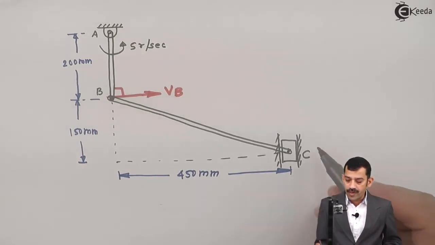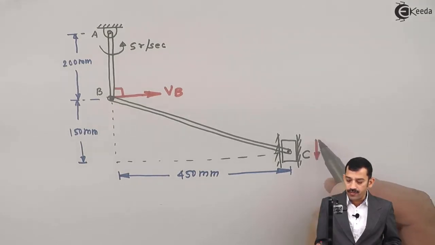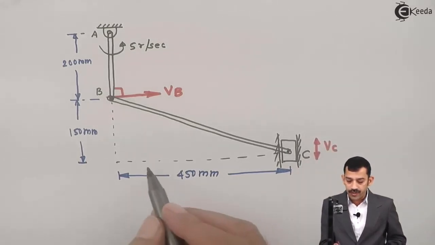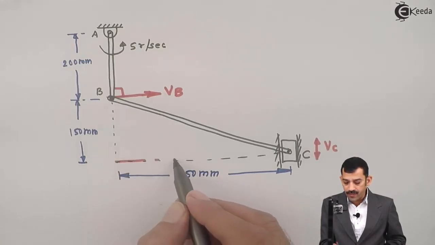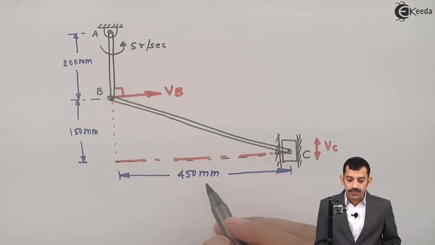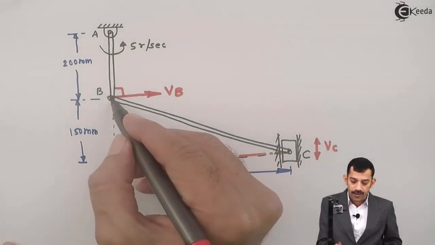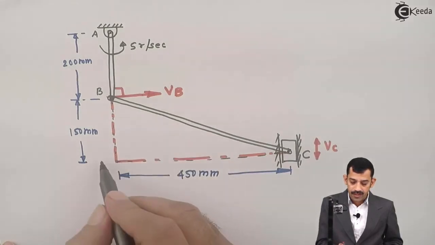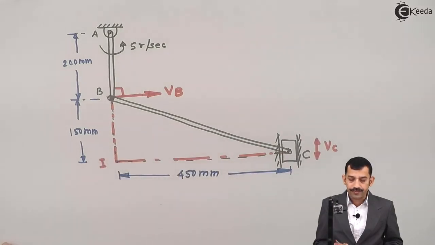I will draw a perpendicular to VC. This is VC. Perpendicular to VC, you will get a horizontal line as VC is vertical. Perpendicular to VB, as VB is horizontal, we get a vertical line. That means the center of rotation becomes point I.